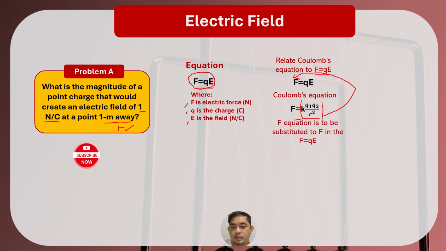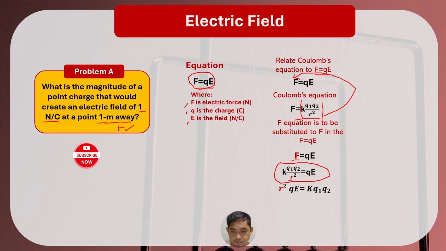Okay, so we can have this new equation now, the derived formula. And we already have R, so we can substitute 1 meter in our problem.